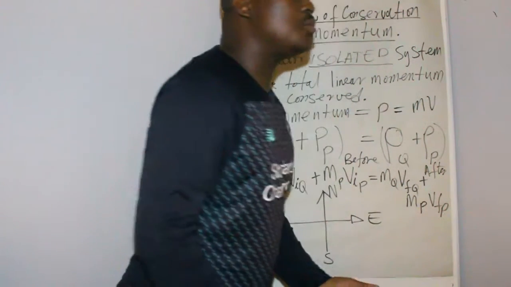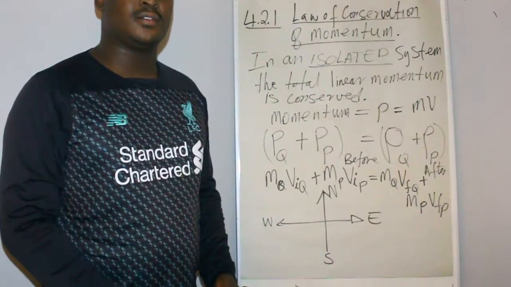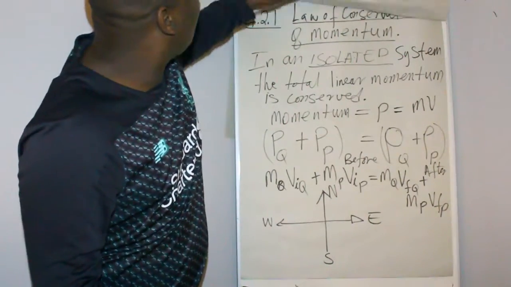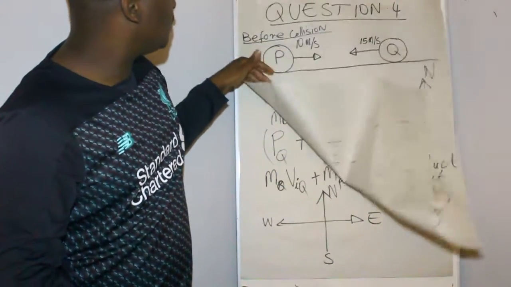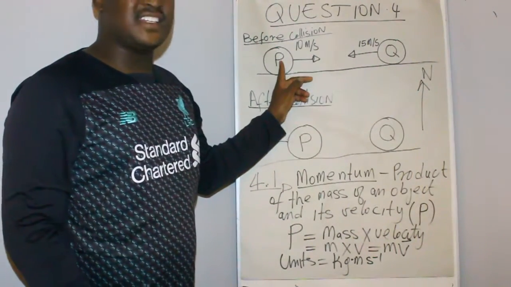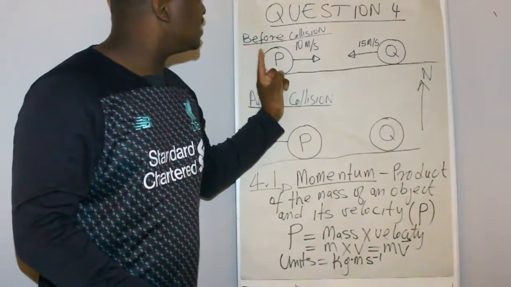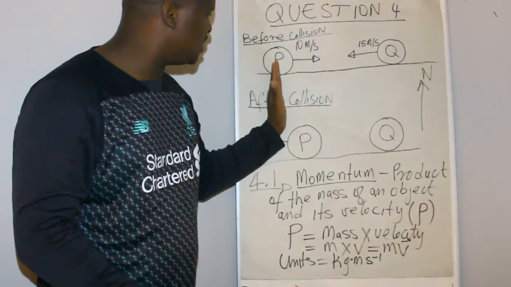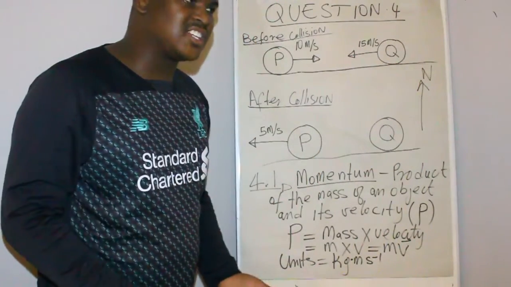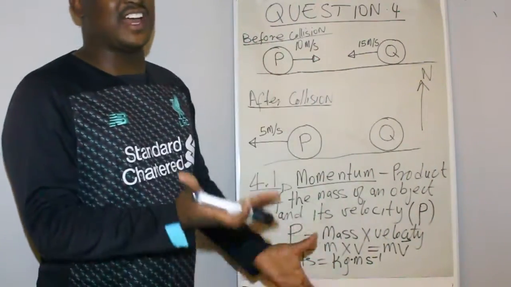So when you're working with vectors, you always have to choose a direction and stick to it. For example, if you're saying ball Q, let me go back to the first slide. If you're saying this ball P that is moving to the east has a negative direction, you have to choose whether your ball has a negative or positive direction.